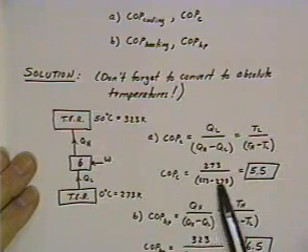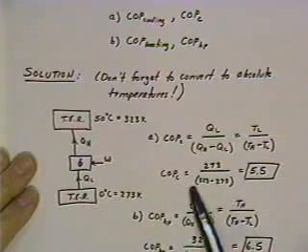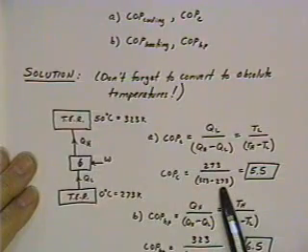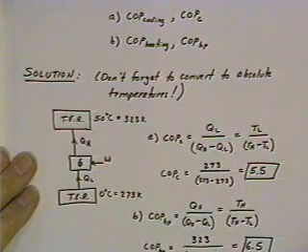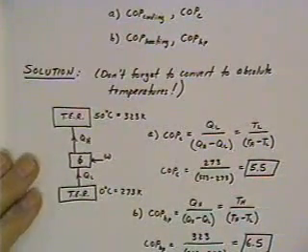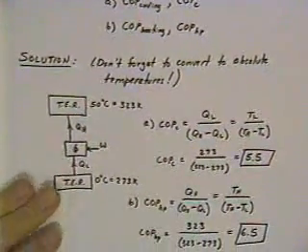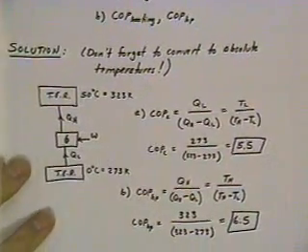Again, you would not have to convert these to absolute temperatures for the difference because when you're talking about temperature difference, Kelvin and centigrade are exactly the same. However, if you didn't convert the 273 to absolute temperature, you'd end up with a 0 on top, and you'd get a COP of 0, of course, and that would be the wrong answer. So you get a COP for cooling of 5.5.